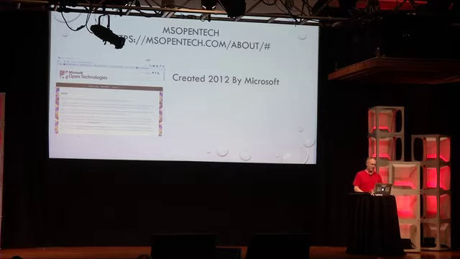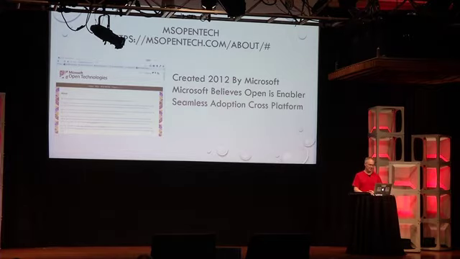So let me talk about their OpenTech organization a little bit. It was created in 2012, so it hasn't been around for that long. Microsoft believes it's an open source enabler. They believe that by having this organization, they can encourage open source projects to come over and be part of the Microsoft ecosystem. They believe that's going to help adoption across all the platforms, not just Microsoft, and that's good for them.